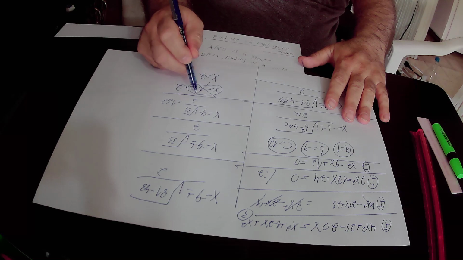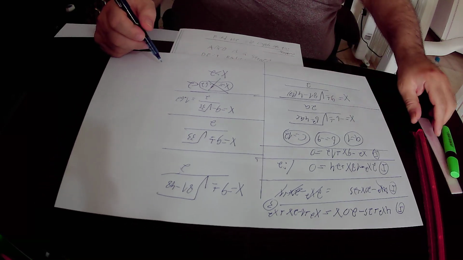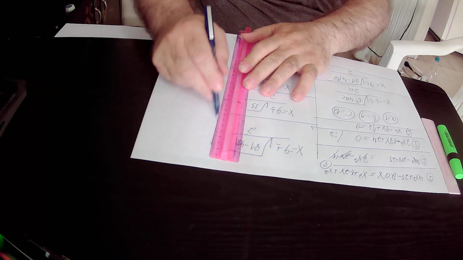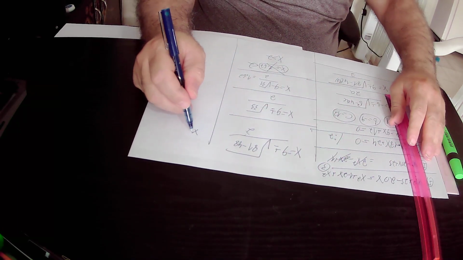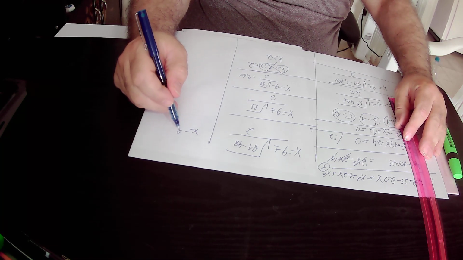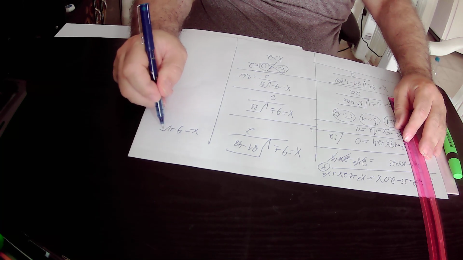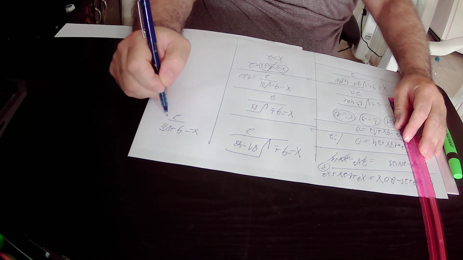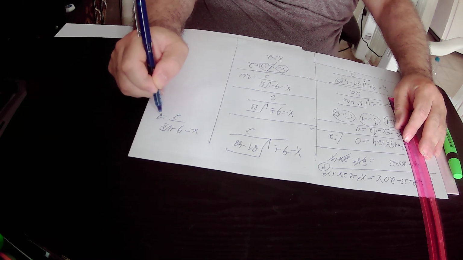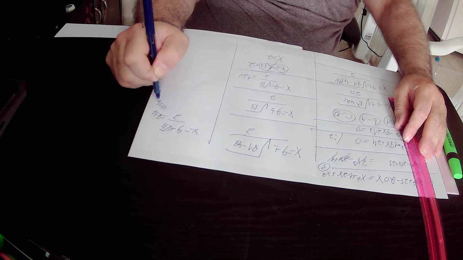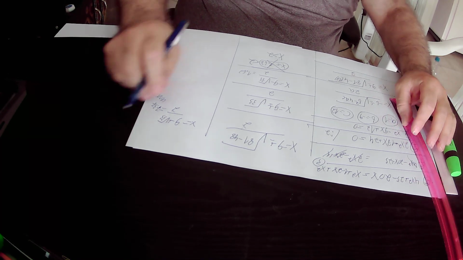We will cancel the solution, and we are left only with the second solution, that x equals 9 plus square root of 33 over 2, that is about 7.37 units. So we finished with the first question.